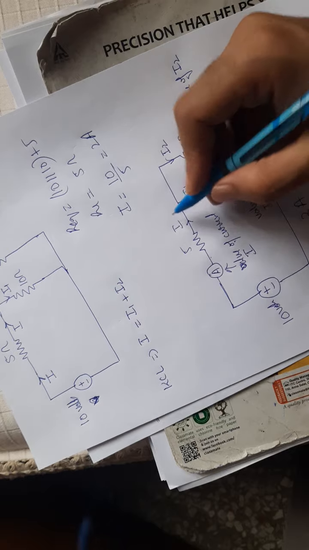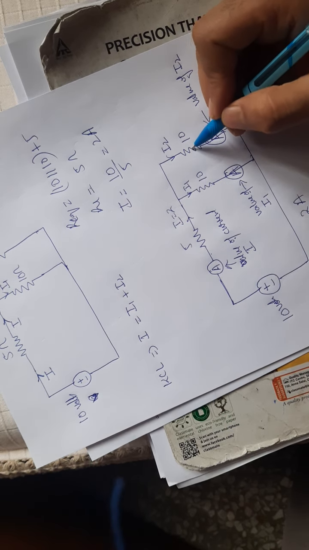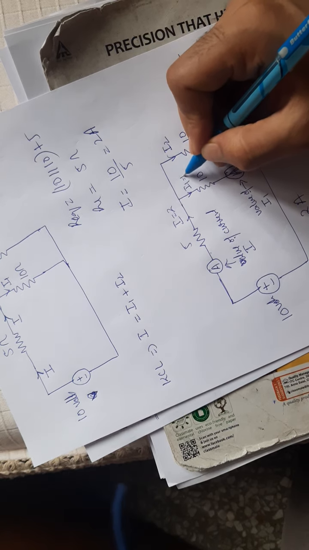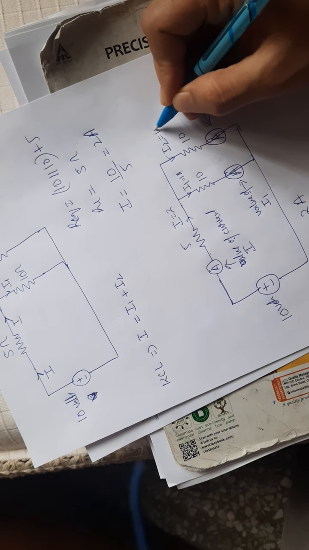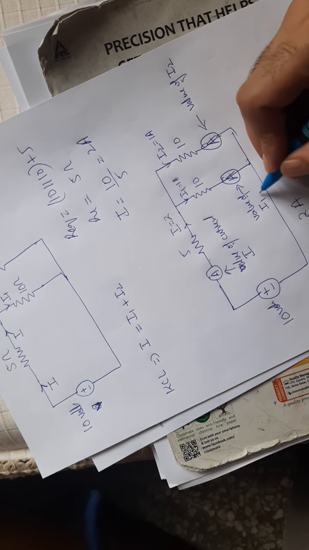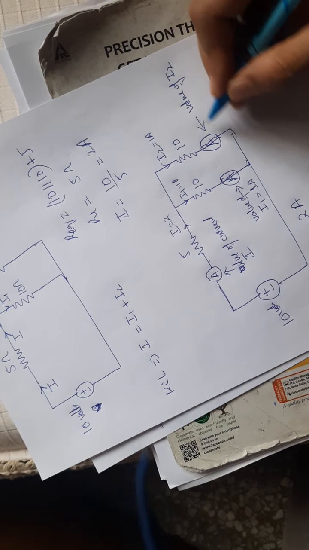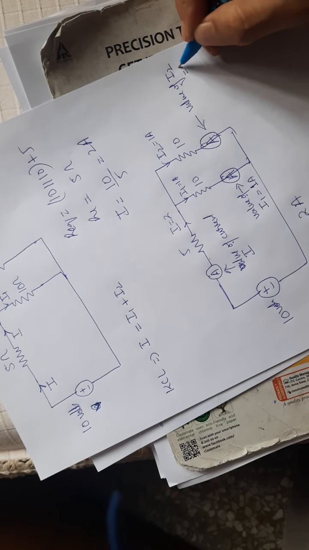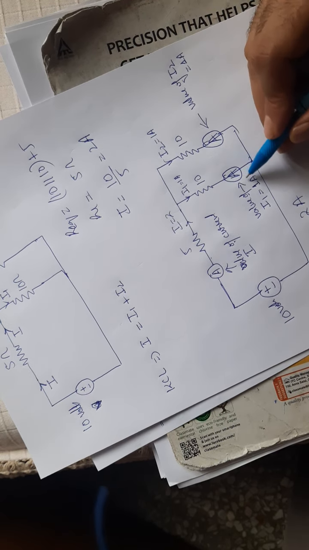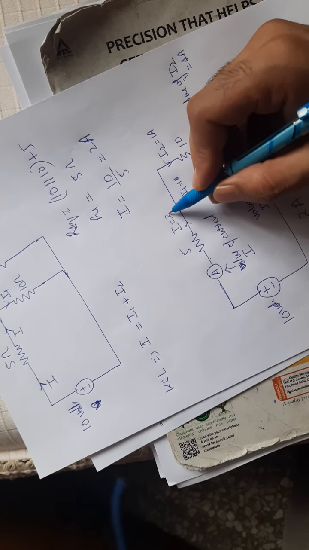As you know, I is equal to 2 ampere. We have equal resistors here, 10 and 10 ohm, so 1 ampere current will flow in this direction and 1 ampere current in the other direction. So this ammeter will read I1 as 1 ampere, and this ammeter will read I2 as 1 ampere. So I1 is equal to 1, I2 is equal to 1, and the sum of both currents is equal to I, which is 2 ampere.